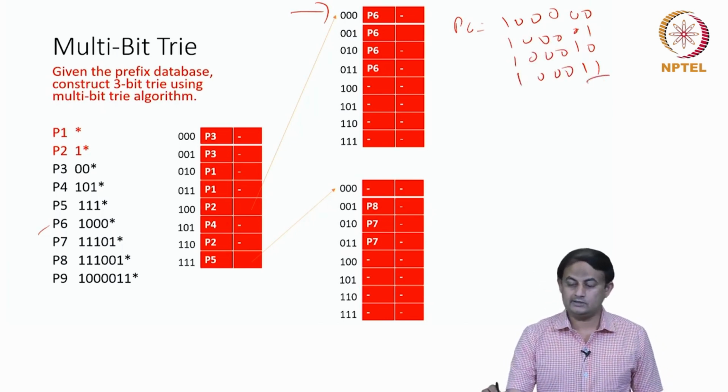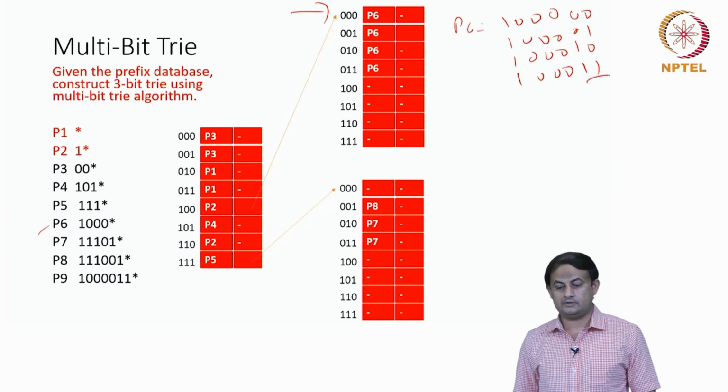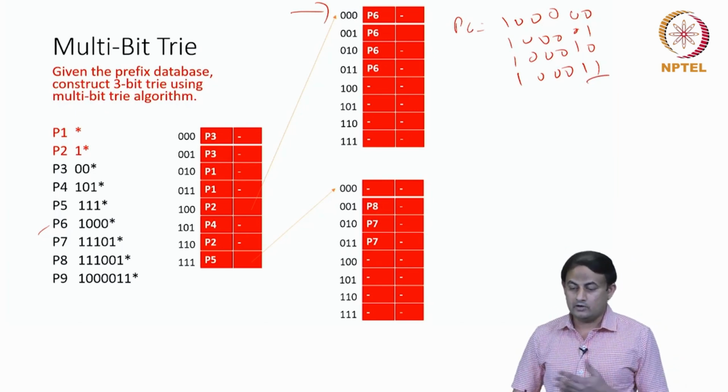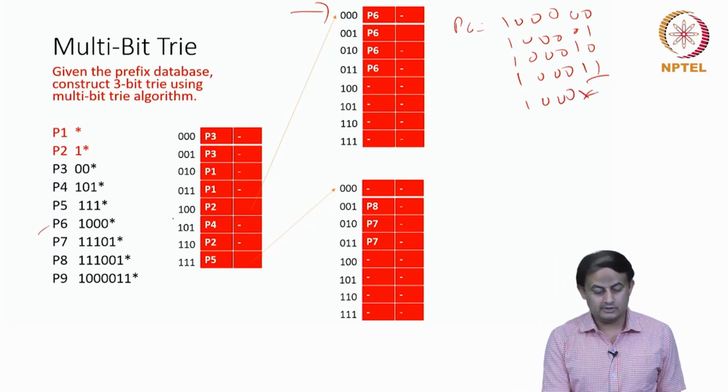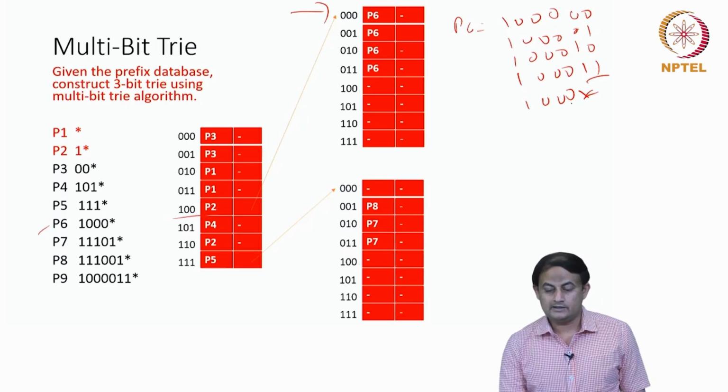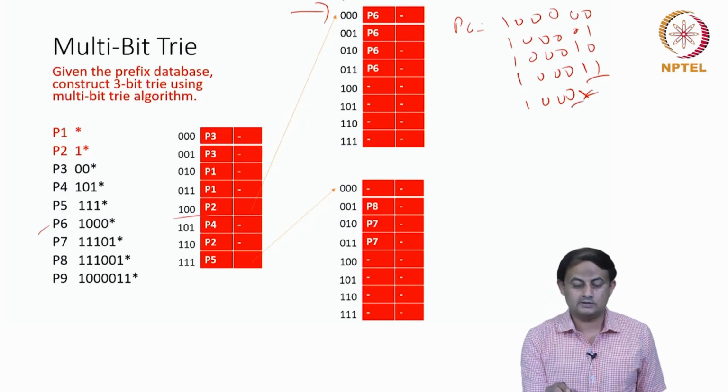Keeping these 4 bits intact, 100, I am varying the last 2 bits, and for all of these cases, all of them can be written as 100 star. So 100 is matched at the first level, and this next 0 would match at this level.